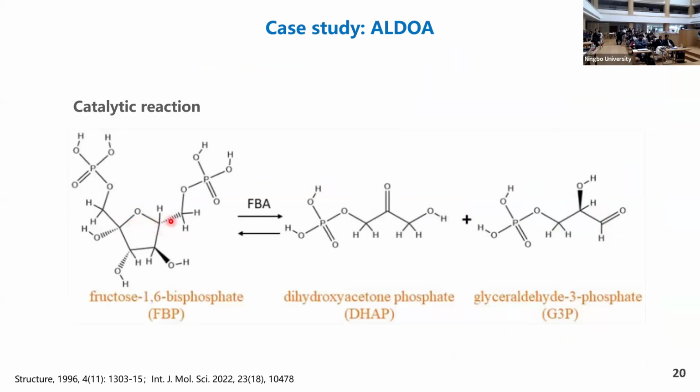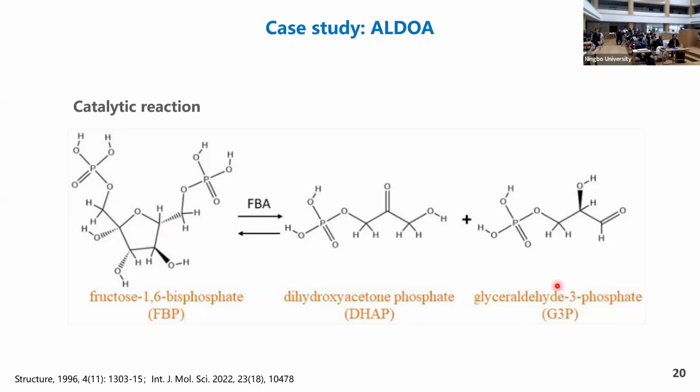We're interested in proteins. One of them is ROA. This protein functions as a hydrolase, and it hydrolyzes the FBP, this kind of phosphorylated sugar, to smaller molecules, DHAP and G3P.